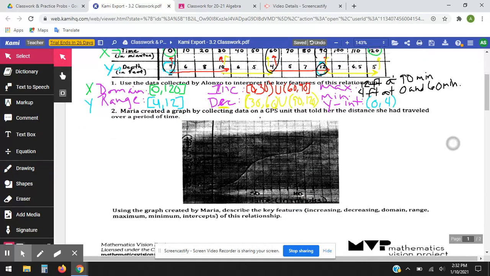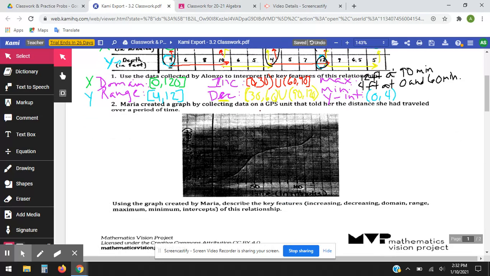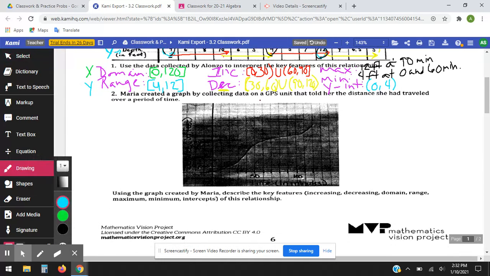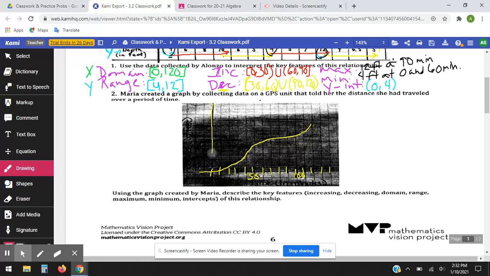So Maria created a graph by collecting data on a GPS unit that told her the distance she had traveled over a period of time. I'm going to draw over this in yellow so you can see a little better what's going on here. Here we have 50, here we have 100, and all of our lines in between: 40, 30, 20, 10, 0.